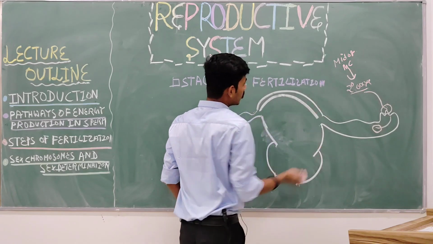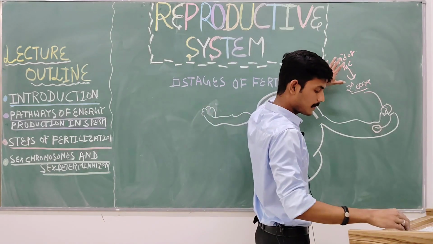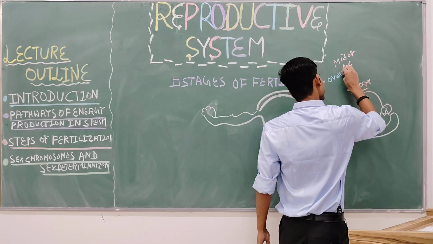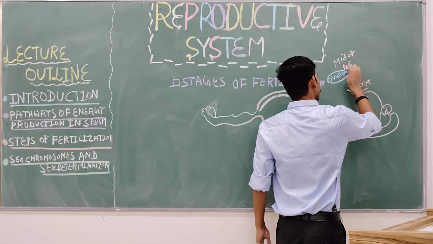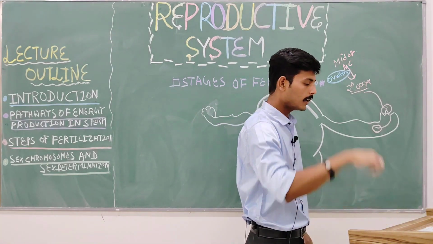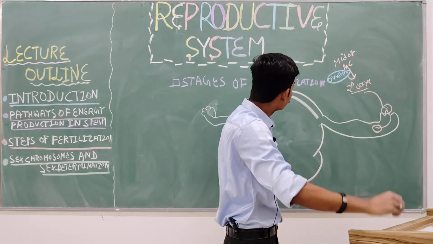Now, we are discussing the specific time period that is called the ovulation time, because only in this time period there is a higher chance of fertilization. Understood?